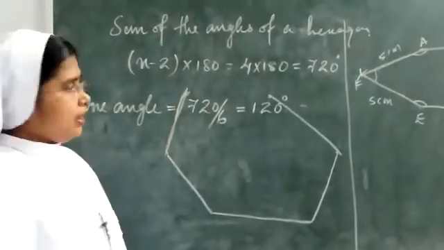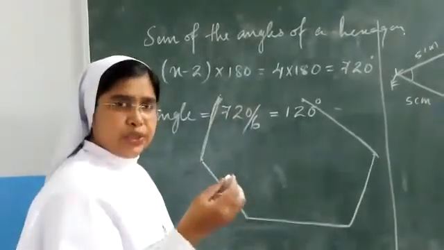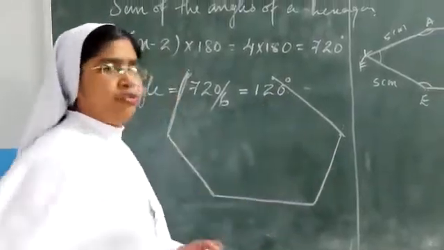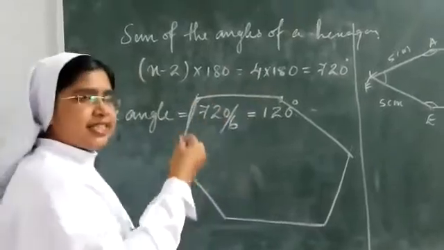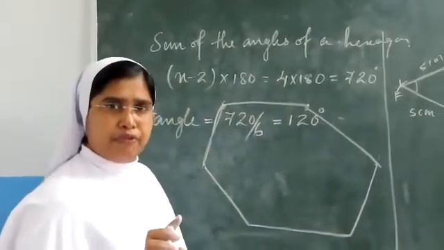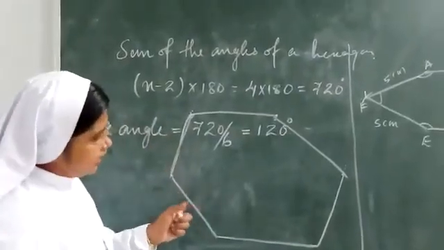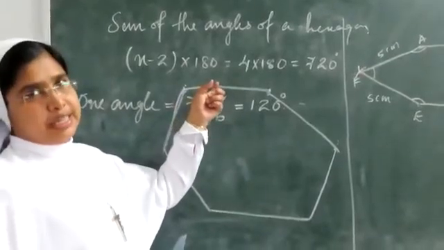Then what do you have to do? You just join. Why do I say join? Because if you draw all these angles with 120 degrees, surely when you join, you will get the sixth side. Surely it will be 120 degrees. Why so? Here if you draw all these angles as 120, automatically we will get this one as 120.